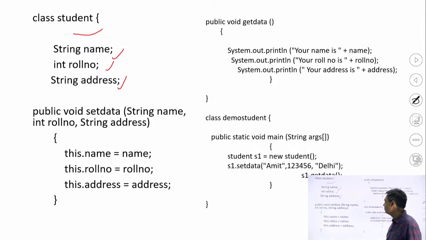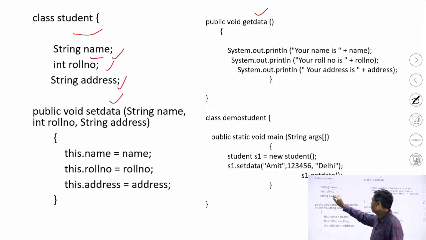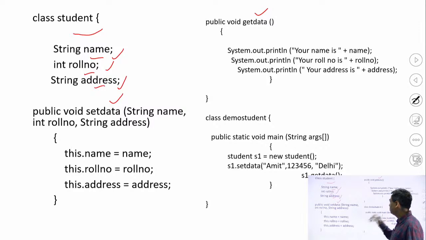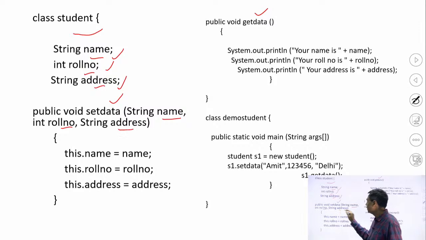Then one method is defined, setData, then we have a method getData. Here the class variables are name, roll number and address, and the variables that we are passing to this method are also name, roll number and address.